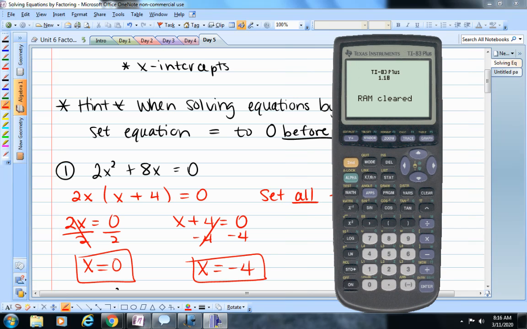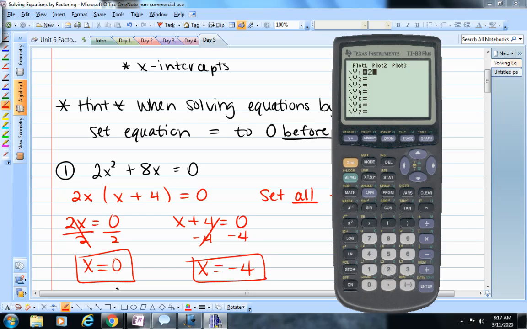All right, so on my calculator, do y'all remember how to graph stuff? Vaguely? Y'all remember what you're going to hit first? You're going to hit y equals. And make sure it's cleared out, if you want a good blank y equals screen. All right, so what you're going to plug in is your original polynomial before the 0. So you're going to type in 2x squared plus 8x.